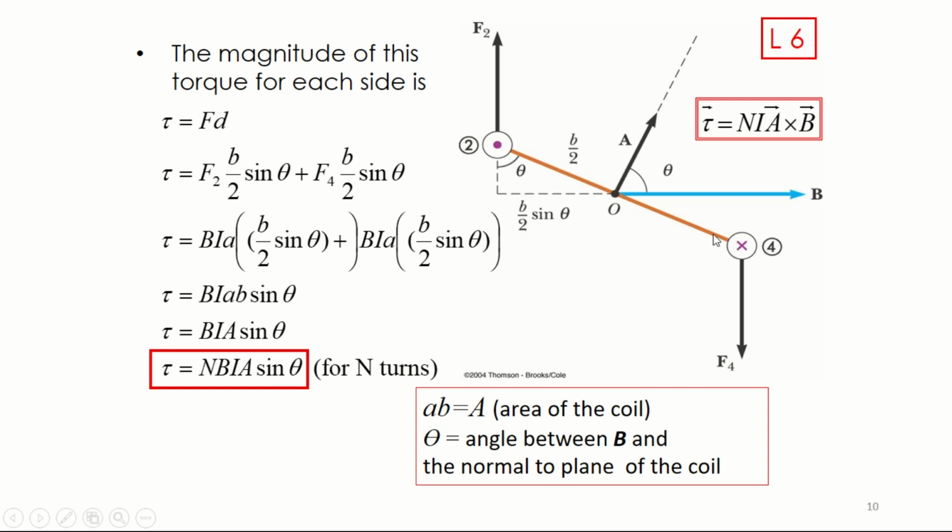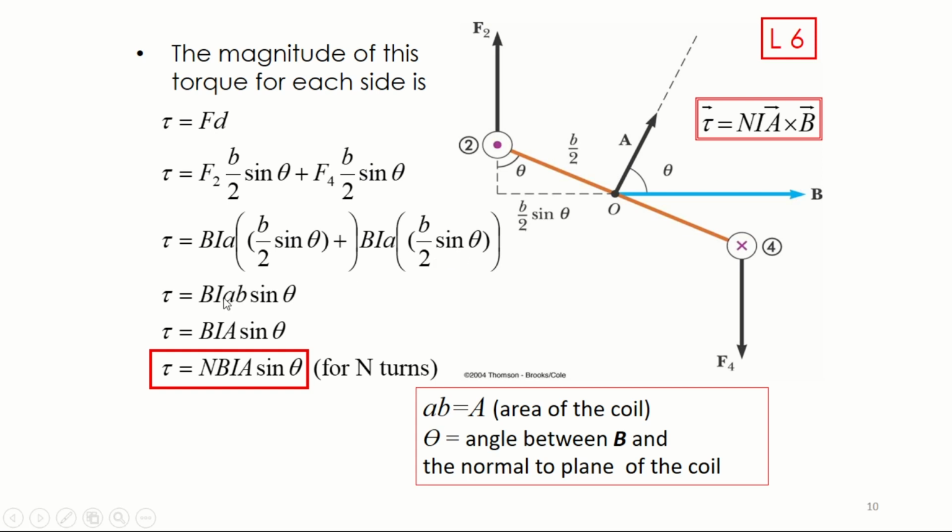Plus here force F4, and here is d, and here is the axis of rotation, and here is angle theta. So you get F4 times b/2 sine theta. Then F2 equals BIA times b/2 sine theta, plus F4, BIA, times b/2 sine theta.